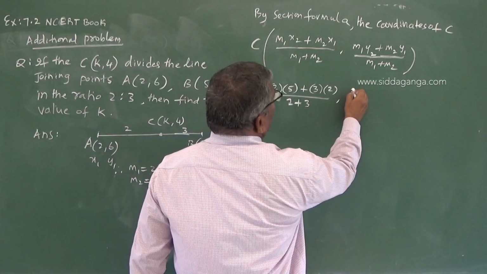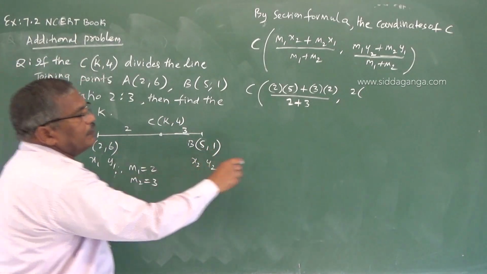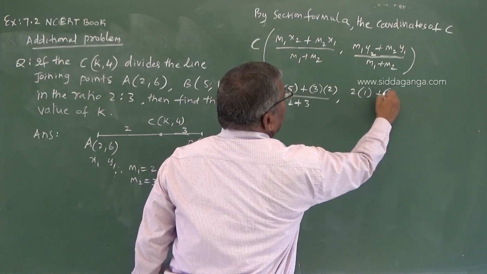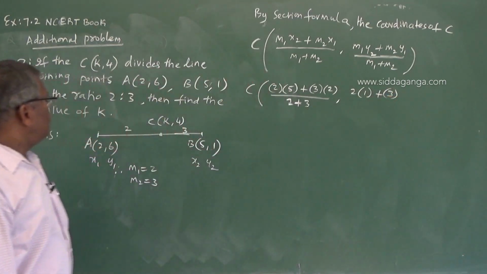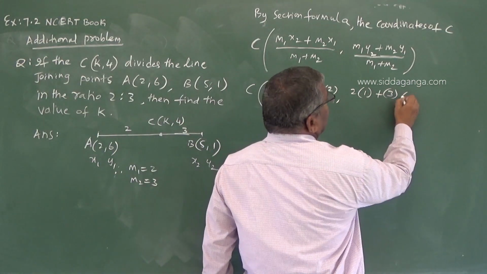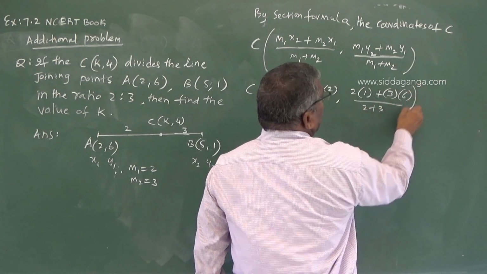This is m1 is 2, y2 is 1, plus m2 is 3 and y1 is 6, divided by 2 plus 3, close the bracket.